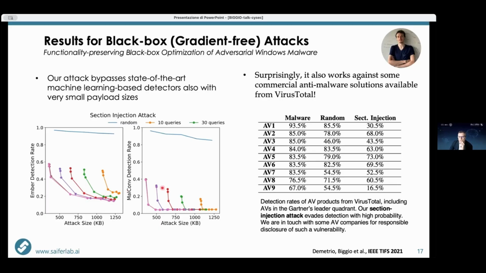And this was quite interesting because we never optimized the attack against the specific VirusTotal services, but just against the academic detectors. And you see that some of the antiviruses hosted on VirusTotal were really sensitive to this problem. They were able to spot more than 90% of malware without any change, but then they fall down to 30% detection after we manipulate some of the bytes.